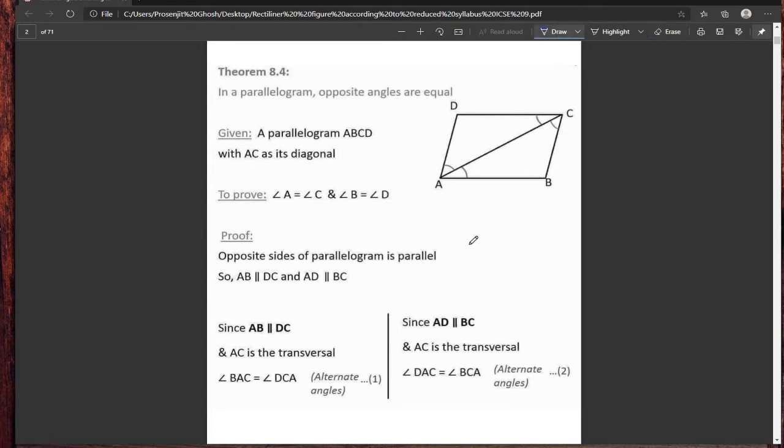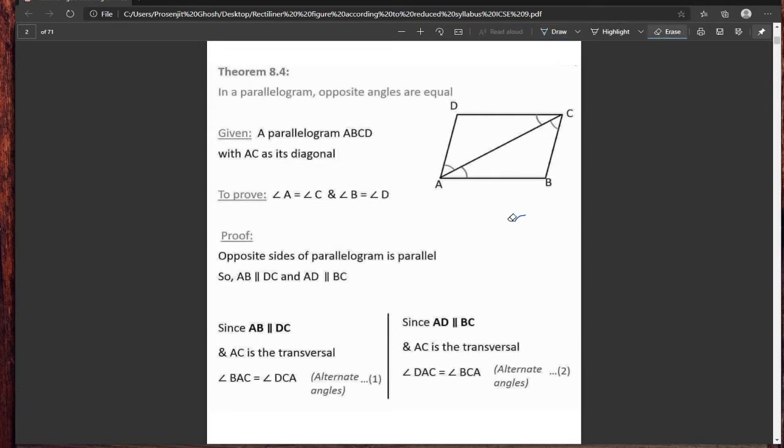Let me discuss alternate angles first for those who have confusion. If two parallel lines are crossed by one single straight line, then this angle should be equal to this one. Why? Because these are alternate angles.